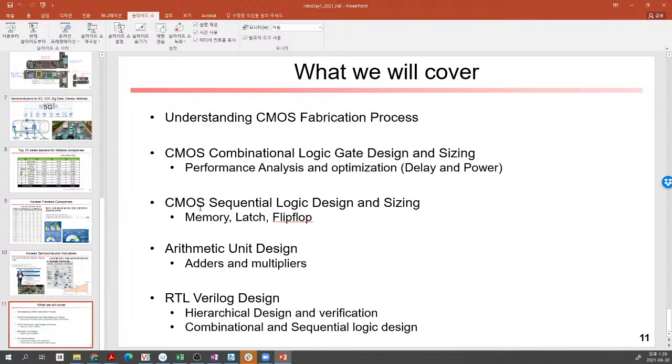For digital design, if you understand combinational logic and sequential logic, then that's all. You have to use some mixture of those two kinds of logic style. For example, with combinational logic, if you put in a certain input, you always expect the same output. The input and output relationship is predetermined. But the sequential logic case also depends on the data history.